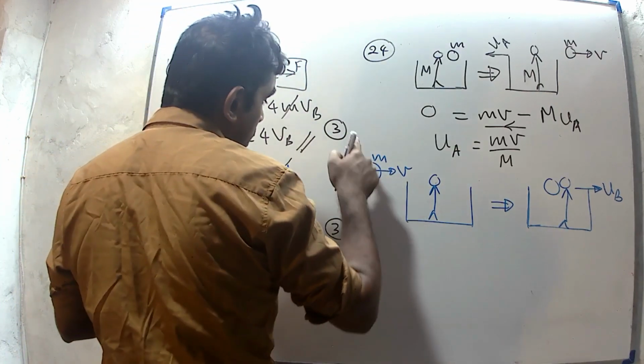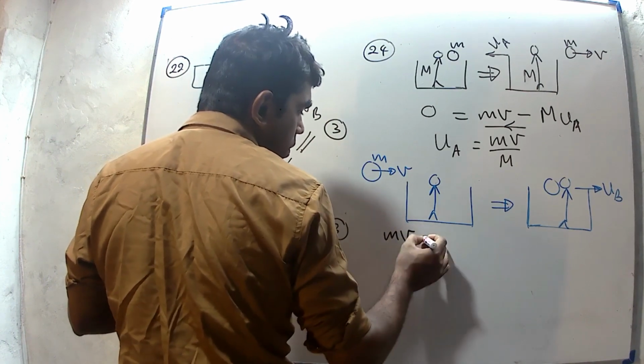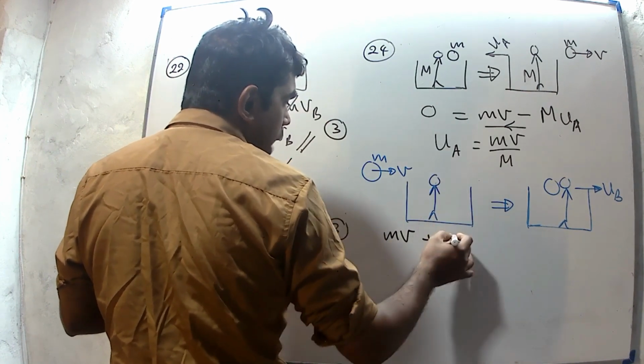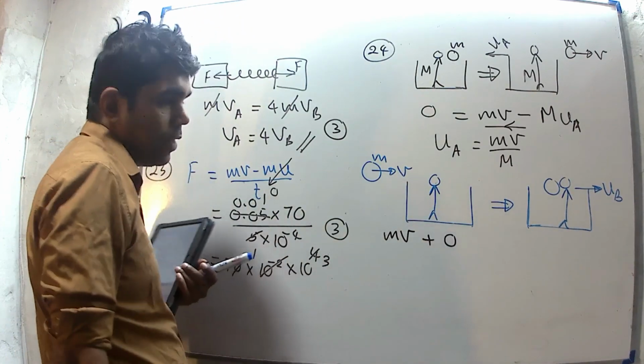Momentum of ball before catching mv, and there is no momentum for the boy and trolley before catching.